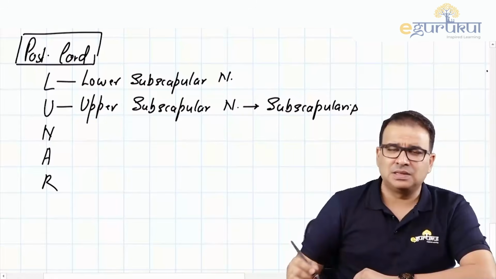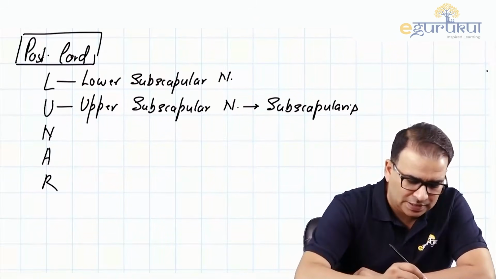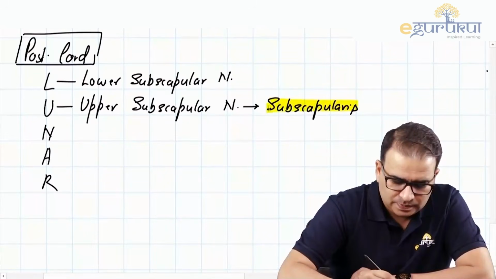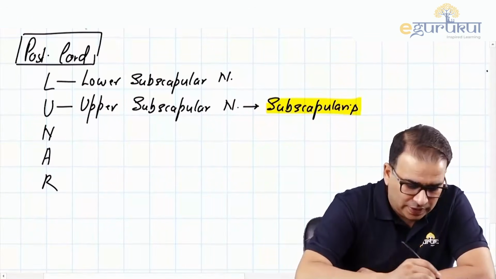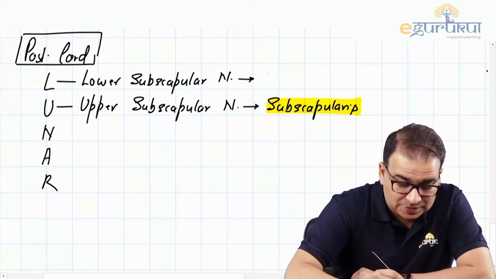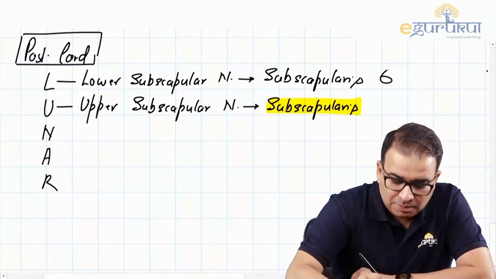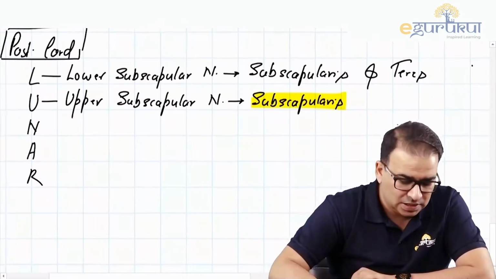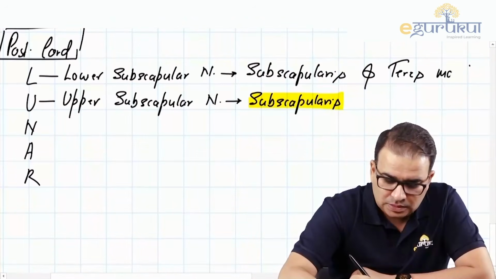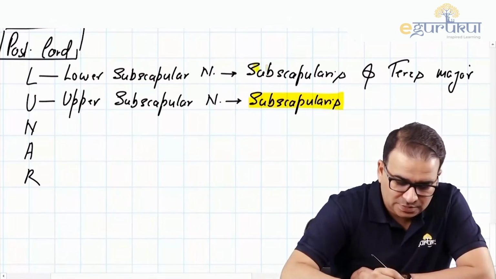It supplies this big medial rotator called subscapularis. Whereas lower subscapular nerve is going to supply the muscle subscapularis again, making it a hybrid muscle. It supplies subscapularis, but along with subscapularis, it also supplies the muscle teres major.